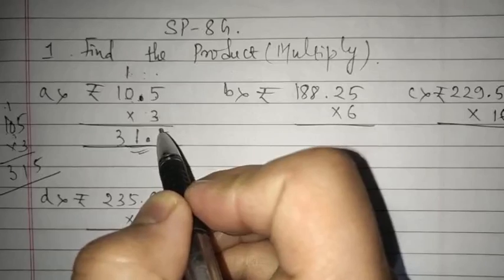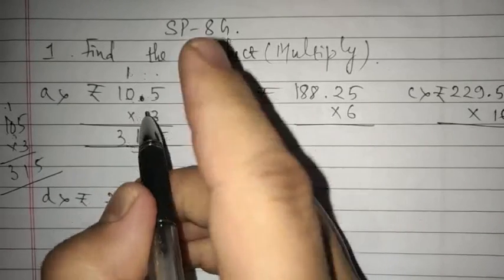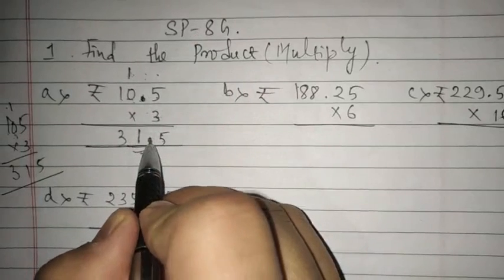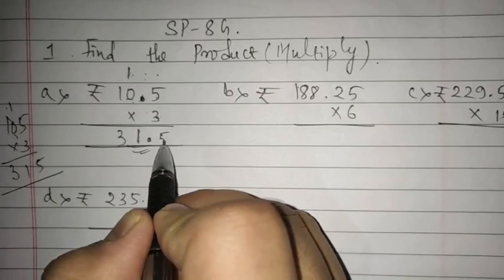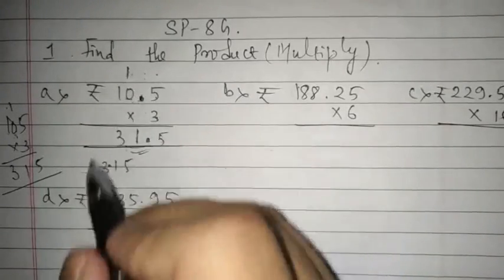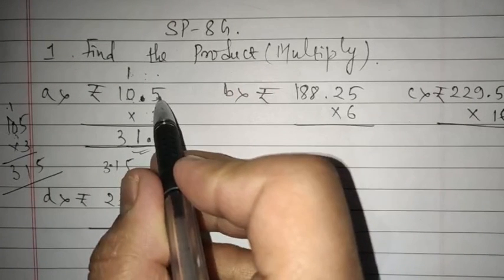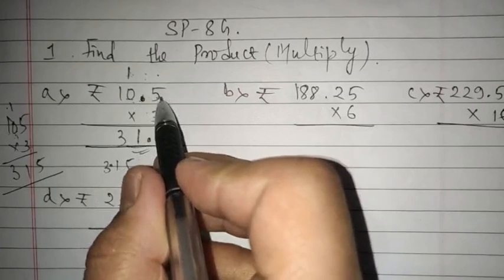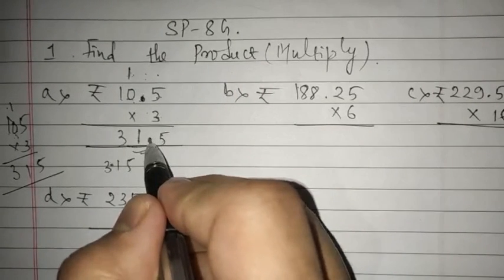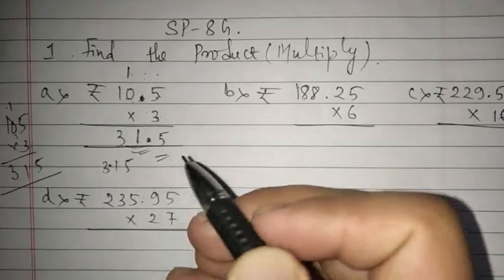Or you may think like this also: after the decimal how many digits are there? 1. So after the decimal only 1 digit should be there. Like we cannot put a decimal sign here if such is the condition. Okay, so if only 1 digit is there after the decimal, then you have to put the decimal before 1 digit only. Okay, it's an easy one, right?